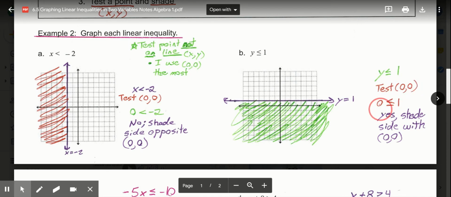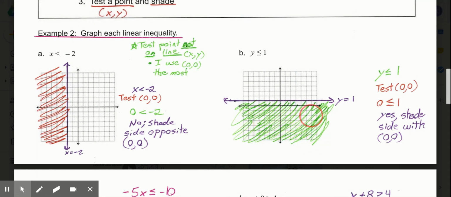If I put in 0 for y, is 0 less than or equal to 1? Yes, it is. So that tells me 0, 0 is a good answer. So I'm going to shade toward 0, 0. So all answers toward the side or below our line are possible answers.